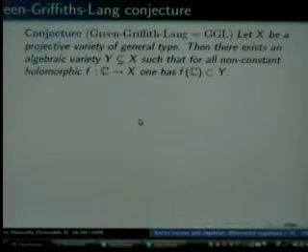Okay, now you have another fundamental conjecture, which is the so-called Green-Griffiths-Lang conjecture. If you take a variety of general type, so for instance, a hypersurface in Pn+1 of large degree, then there should exist a proper algebraic subvariety, Y in X, in which all entire curves should sit. So there should be a locus.